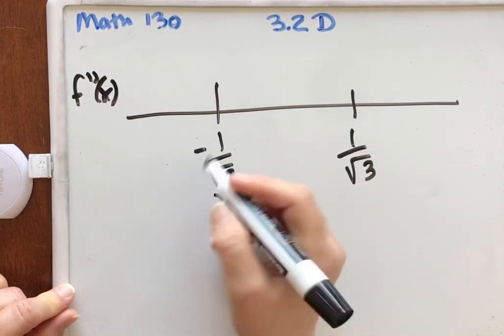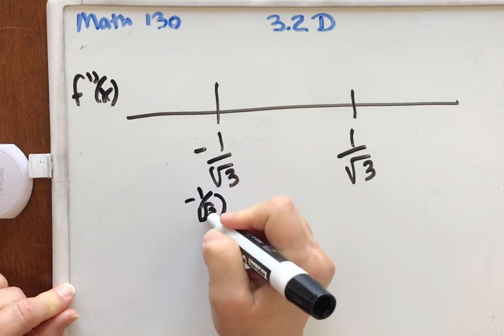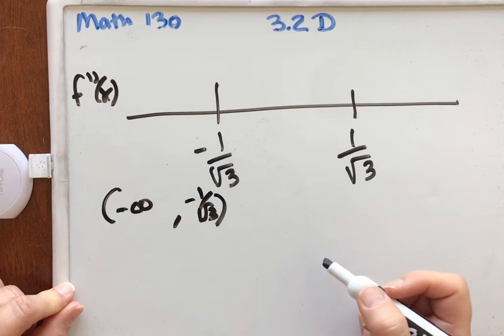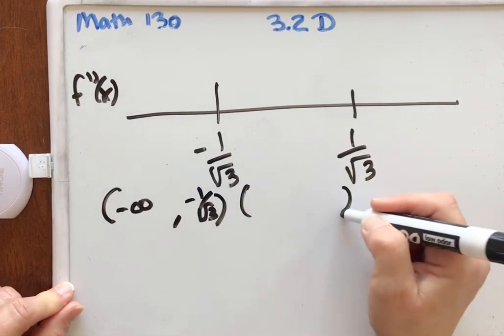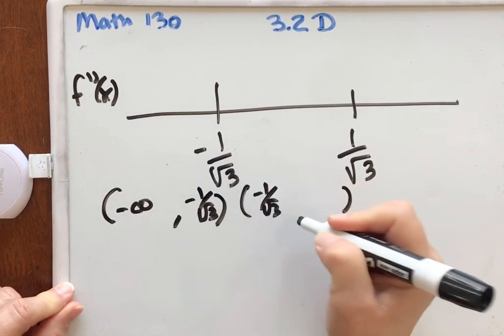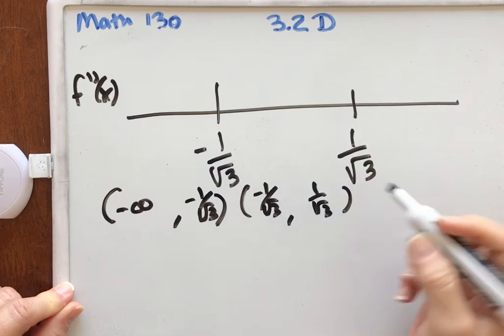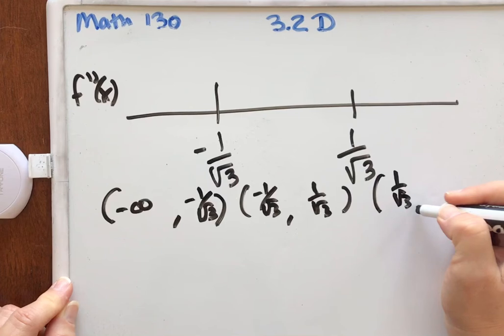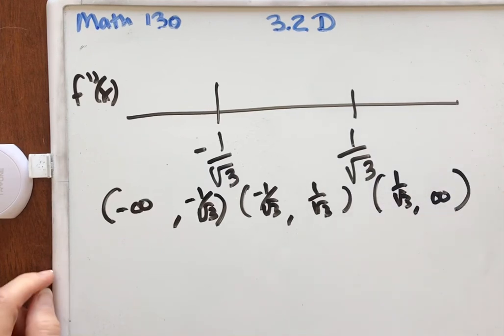We're going to be looking at the interval from negative infinity to negative 1 over square root of 3. Then we'll test the interval from negative 1 over square root of 3 to 1 over square root of 3. Then we'll test the interval from 1 over square root of 3 to infinity.